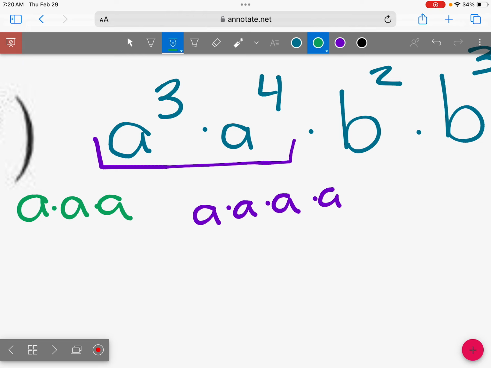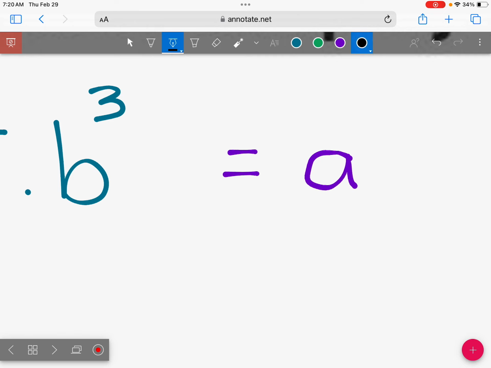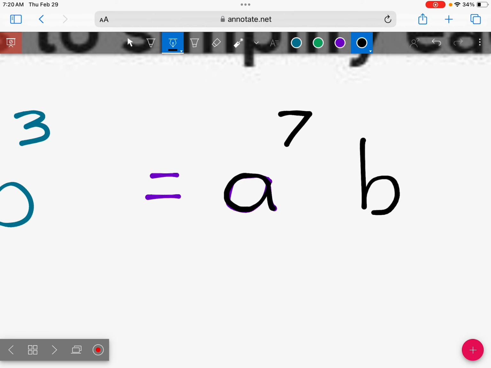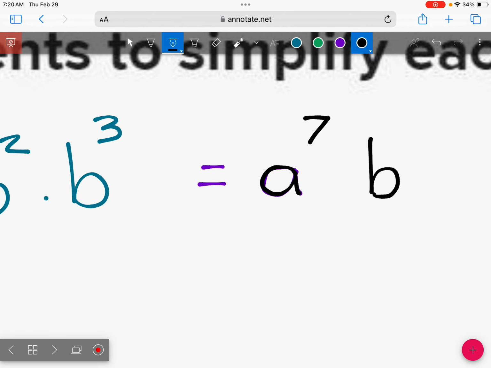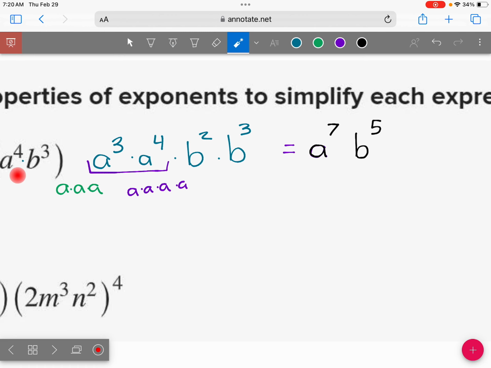So it gives me 3 a's and 4 a's, which gives us a grand total of 7 a's. So we're going to wind up with a to the 7th and b to the what? Oh, 5th, yes, thank you. I was staring at this piece and going, not 5. That's not b's.